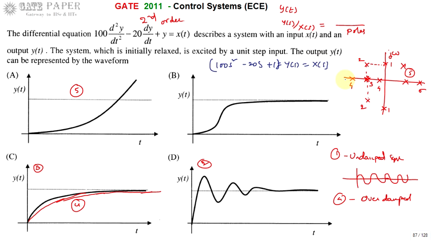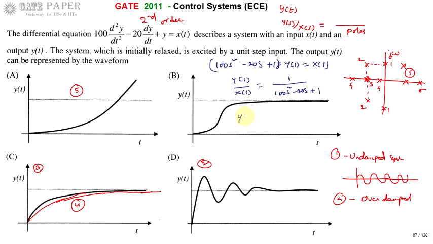Now y of s by x of s, the transfer function, is 1 by 100 s square minus 20 s plus 1.